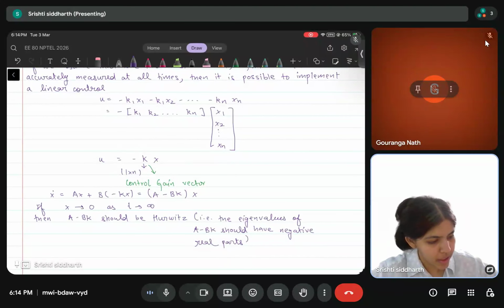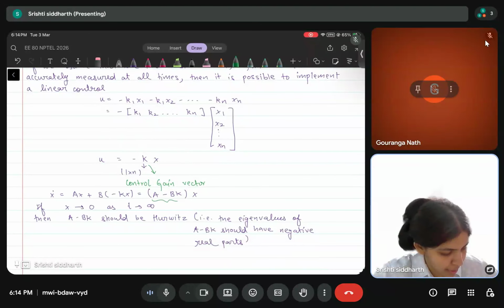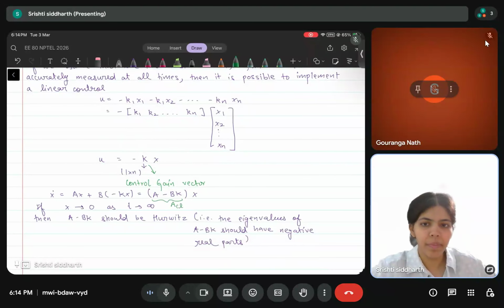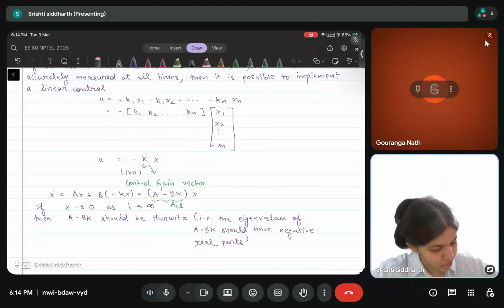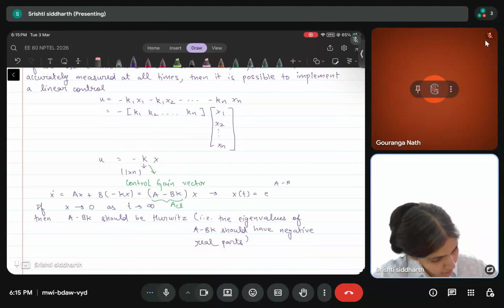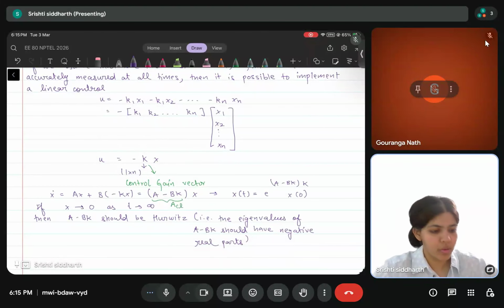A minus BK is also known as the closed loop A matrix, A_CL. And the solution to this closed loop system is going to be x(t) equals e to the power (A minus BK)t times x at time 0.